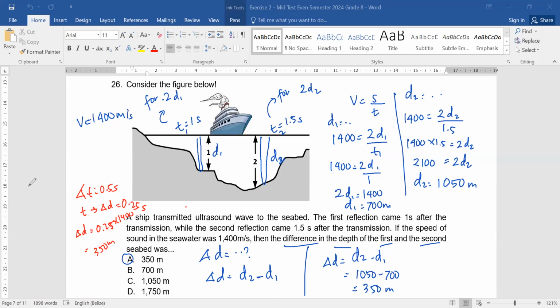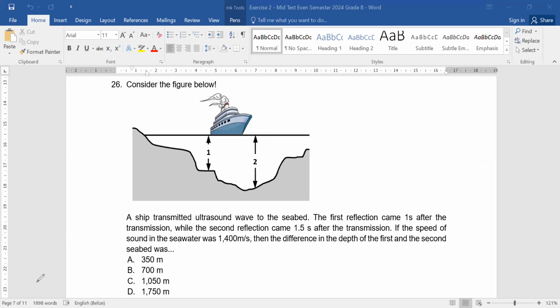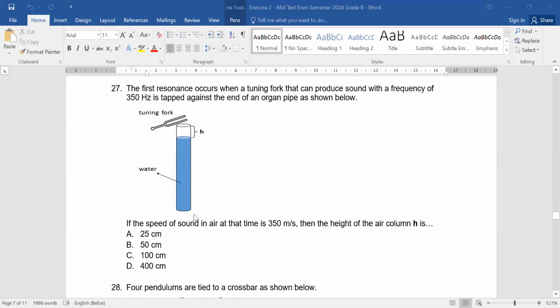Okay. Next, question number 27. It's about resonance. The first resonance happened when the tuning fork, which produces sound with a frequency of 350 Hz, is tapped against the end of the organ pipe as shown below, right?